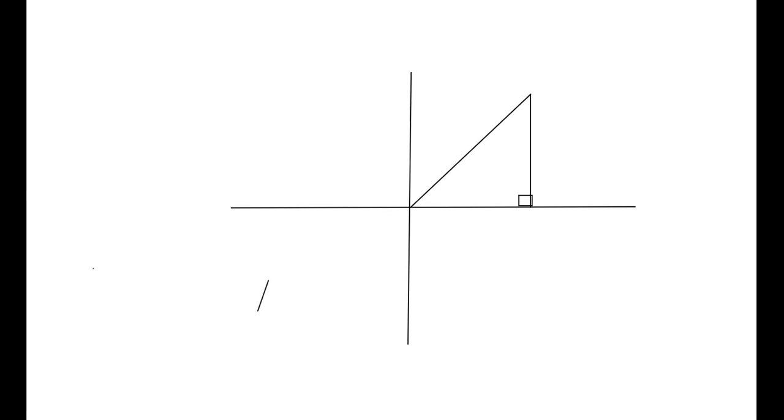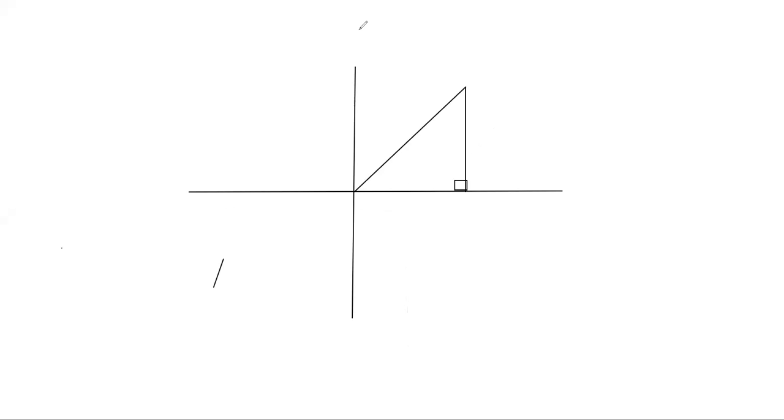Not sure why. Nonetheless, let's have this angle here. Oh, my bad. My pen was upside down. That's why it wasn't writing. Right? So that is beta.